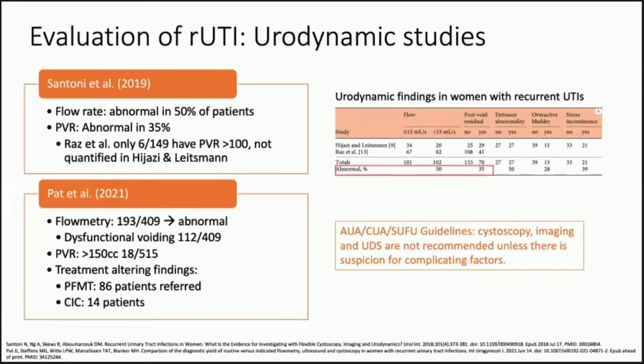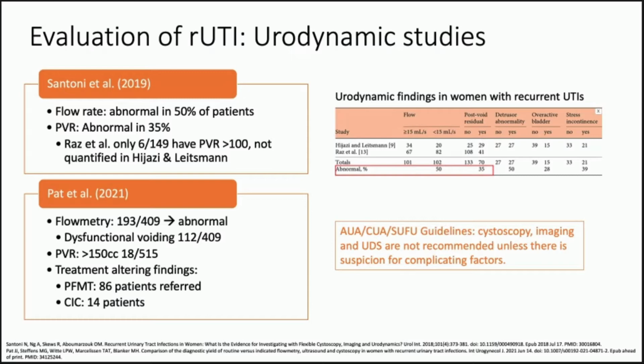So next in the evaluation of UTIs, we'll talk about urodynamic studies. Again, the same 2 studies have looked at this, and the Santoni and colleagues review pulled data from only 2 studies, totaling 203 patients.